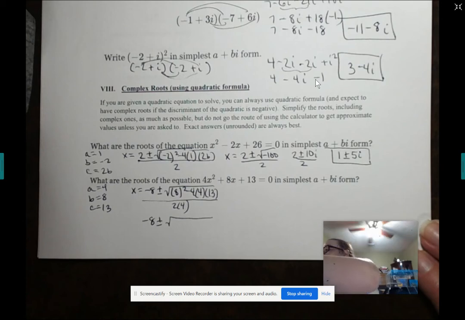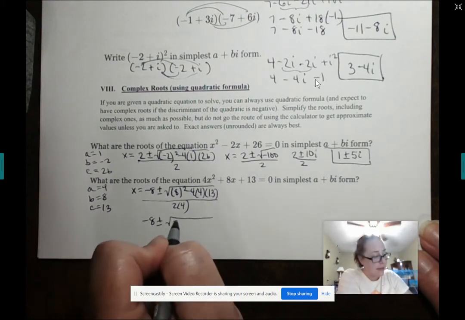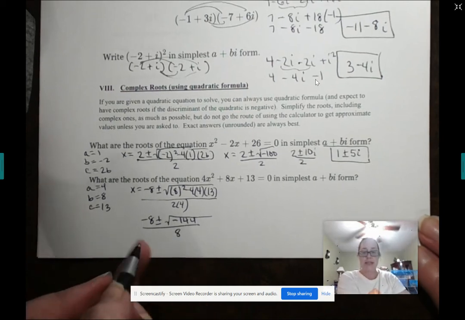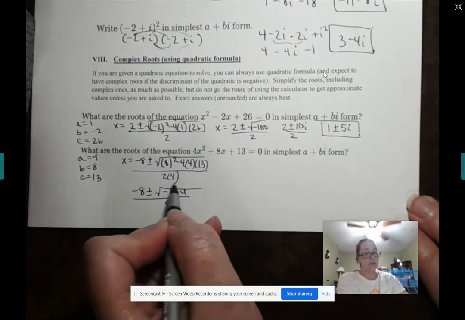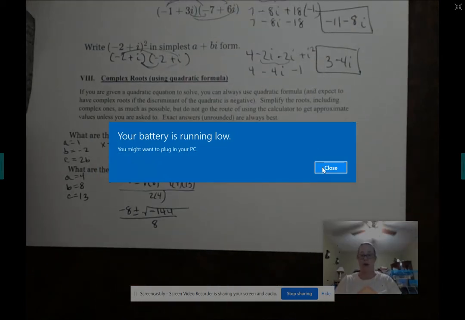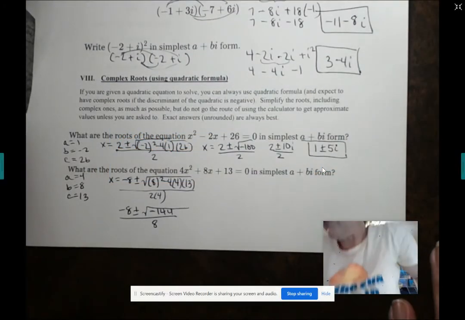We get 64 minus 204, which is negative 144 over 2 times 4, which is 8. So I can reduce the negative 144. Oh my, hold on.